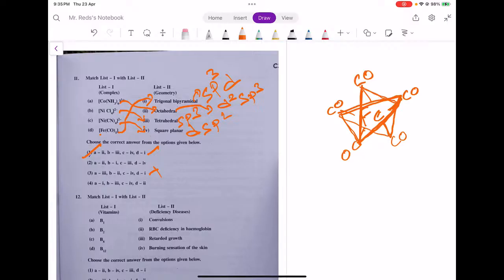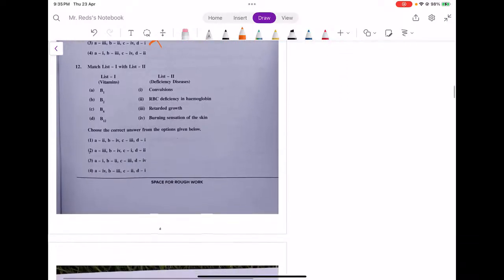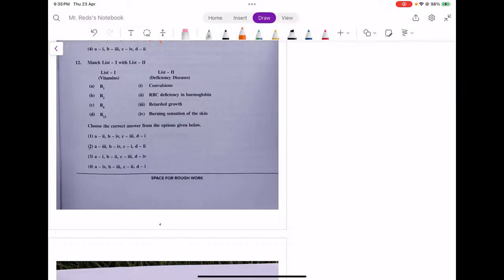Let us go to the 12th question, students. Question number 12. Okay, students, 12th question. Here, this is also match the following. In list 1, B1, B2, B6, B12.